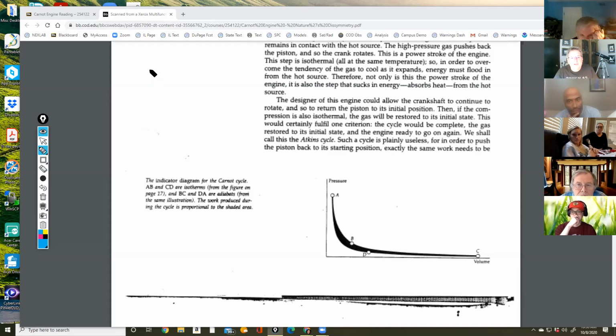Everything goes back to where it starts. It starts at A, it goes around in the circle, and it comes back. I need to restore it back to its original position. That is what we mean as cyclical. It's got to go back to its original state.